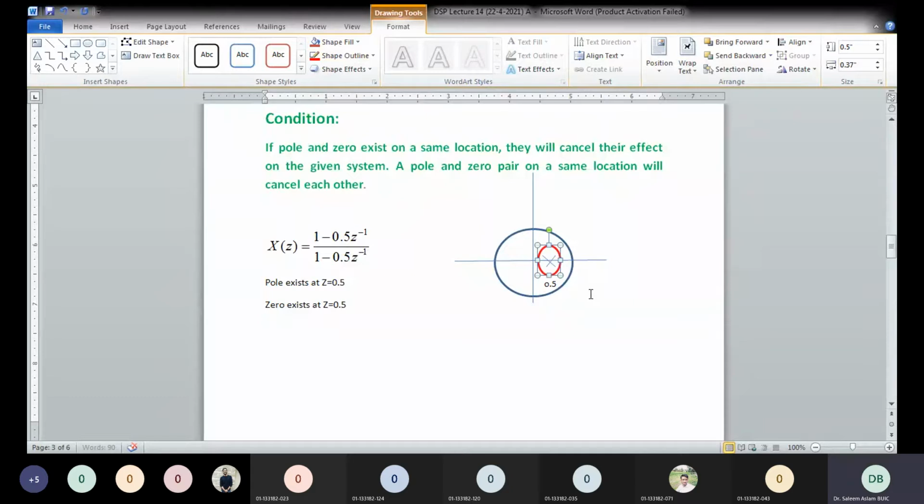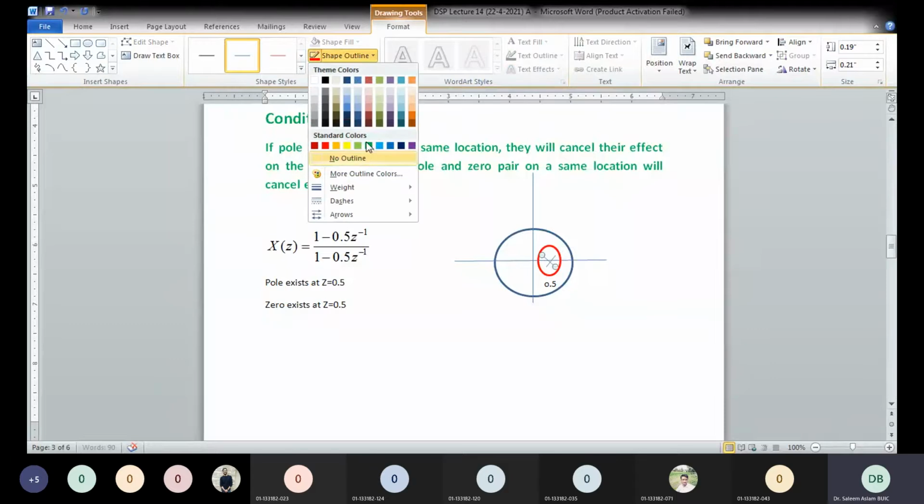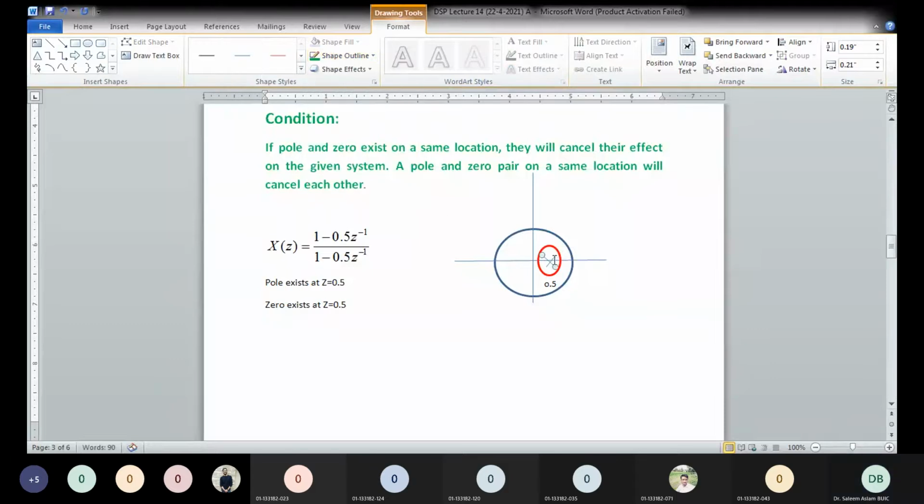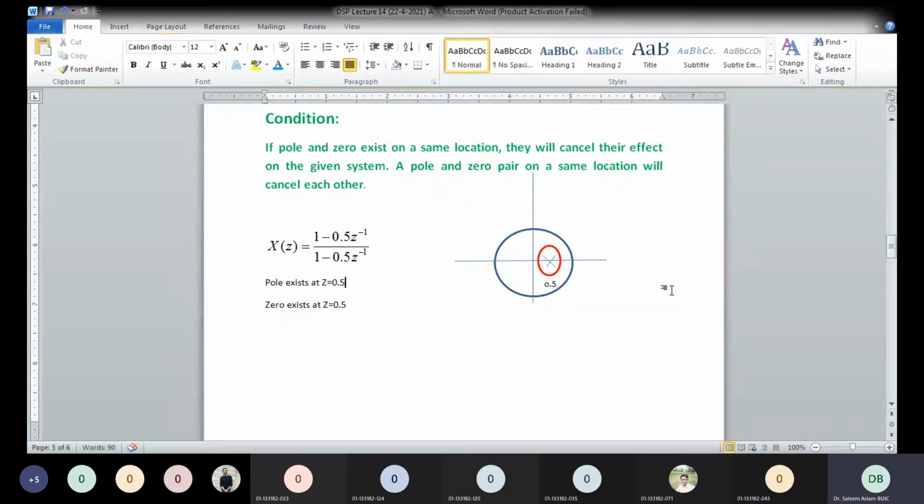So this is your zero, or let me make the pole with which color, let me make it green. तो आपका पोल जो है वो ग्रीन कलर का है और आपका जो जीरो है वो रेड कलर. ठीक है. तो अगर आपके पोल एंड जीरो सेम लोकेशन पे हो तो वो क्या करते हैं, अब आप देख लें कि 1 माइनस 0.5 z इनवर्स और 1 माइनस 0.5 z इनवर्स, so that will cancel, answer would be equal to 1. ऐसे ही है बेटा? Yes, sir. तो अगर सेम लोकेशन पे हो तो वो एक दूसरे के इफेक्ट्स को कैंसिल कर देते हैं.